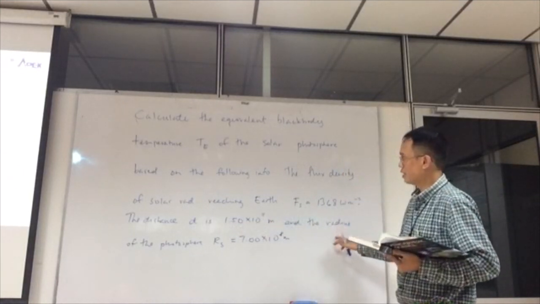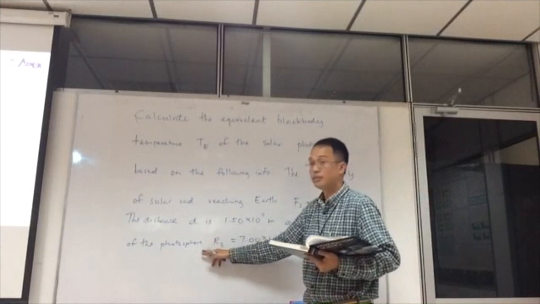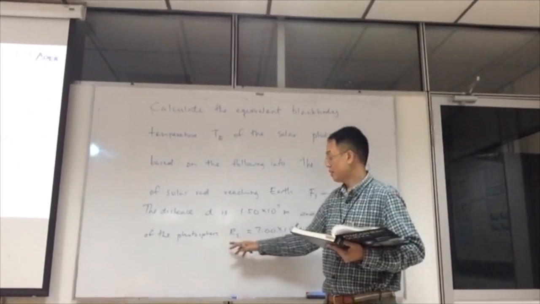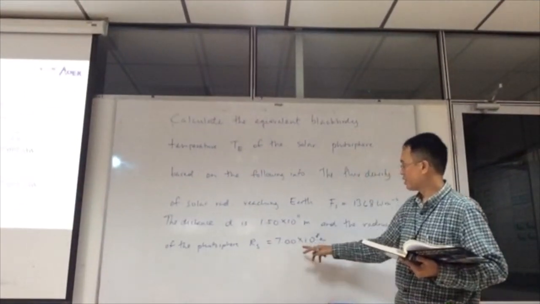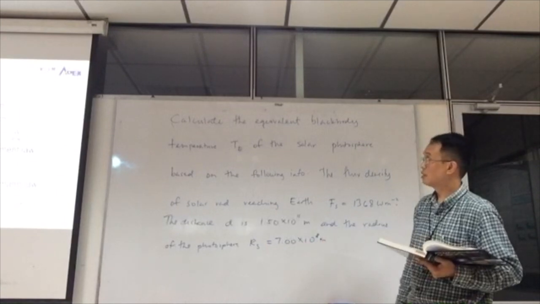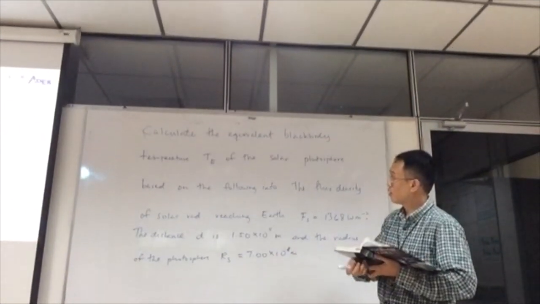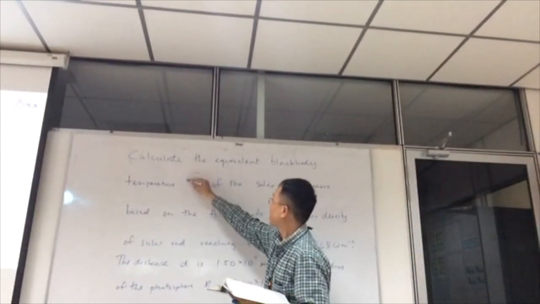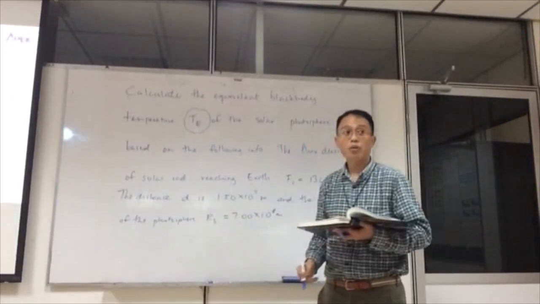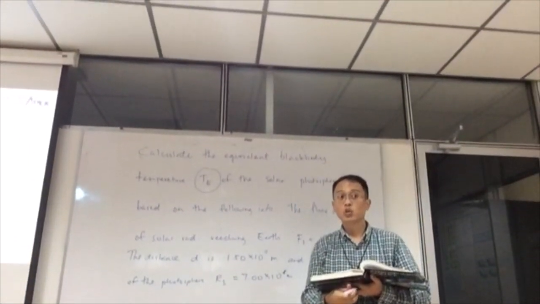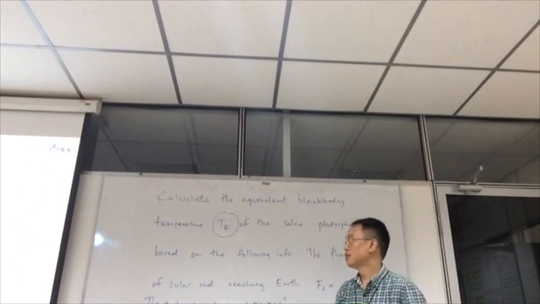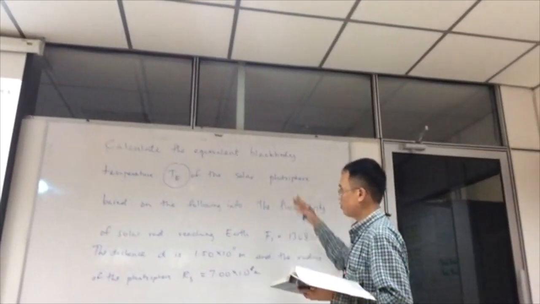And the radius of the photosphere of the Sun is Rs equals 7 times 10 to the power of 8 meters. So, calculate TE, the black body equivalent temperature of the solar photosphere from this information.